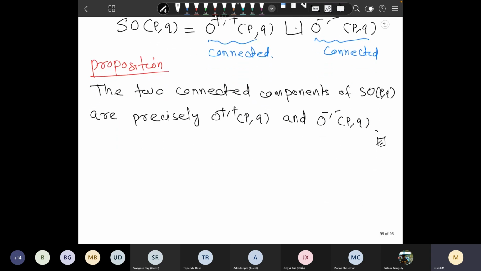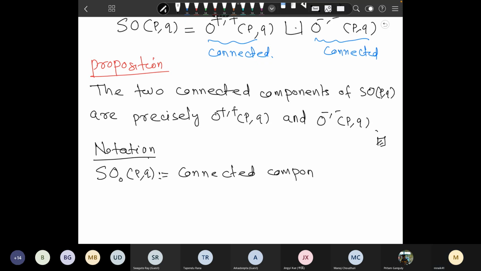Now I use a notation. This is SO naught (P, Q). This is the connected component of the identity in the group SO(P, Q).